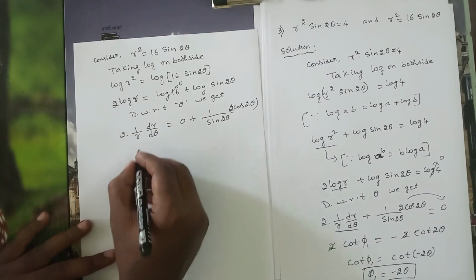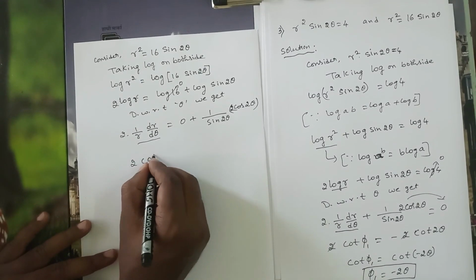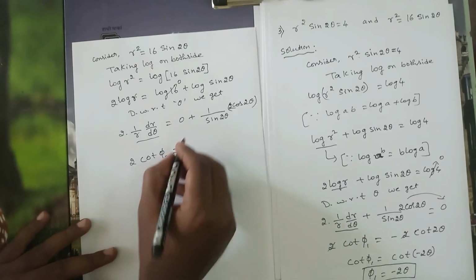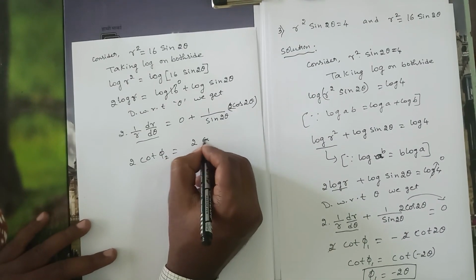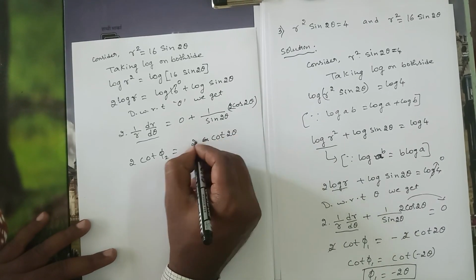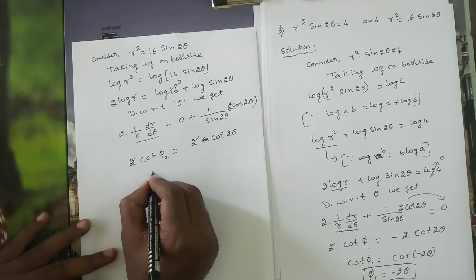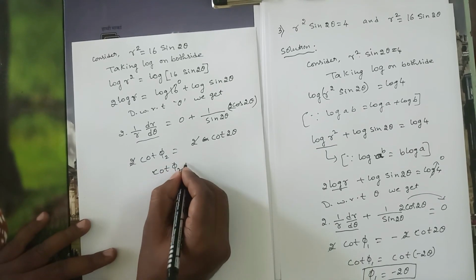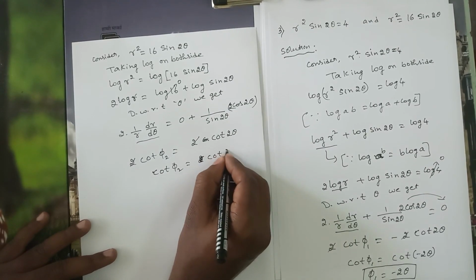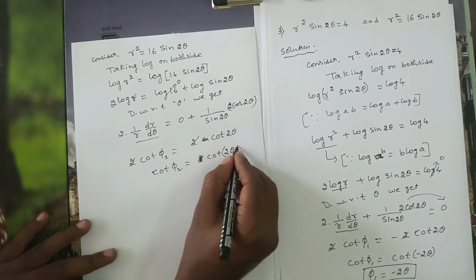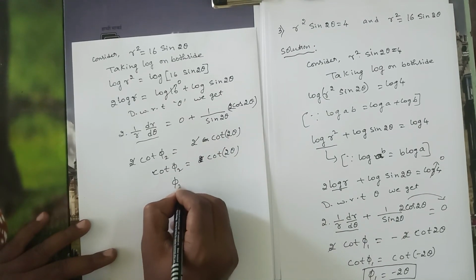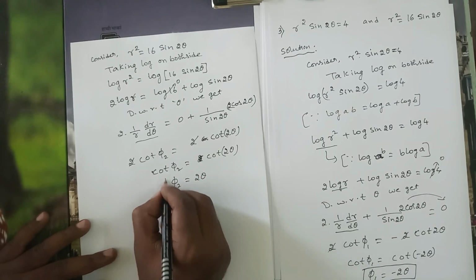So this can be written as 2 into cot phi 2. This is the second curve, so I am taking phi 2. Cos by sin gives cot 2 theta, so 2 gets cancelled. So cot phi 2 equals cot 2 theta, cot gets eliminated, and phi 2 is equal to 2 theta.